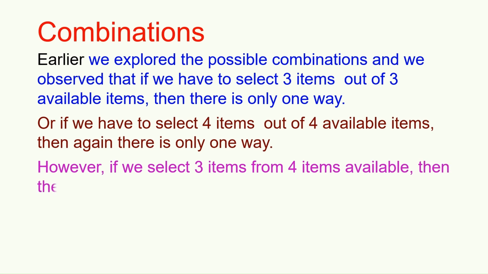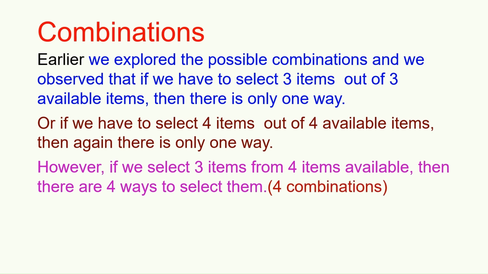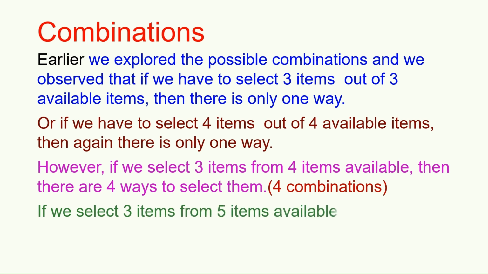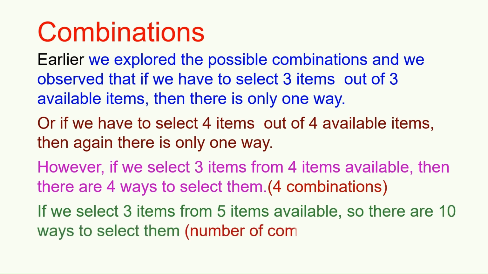However, if we select 3 items from 4 items available, then there are 4 ways to select them. If we select 3 items from 5 items available, there are 10 ways to select them. Number of combinations equals 10.